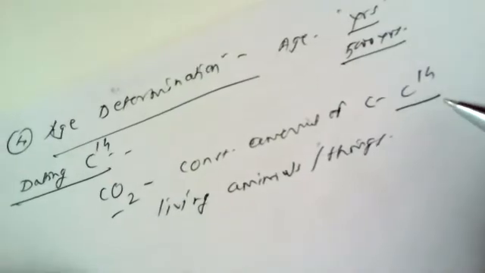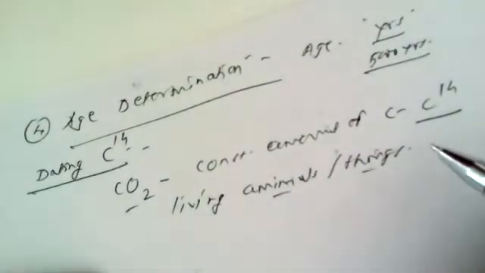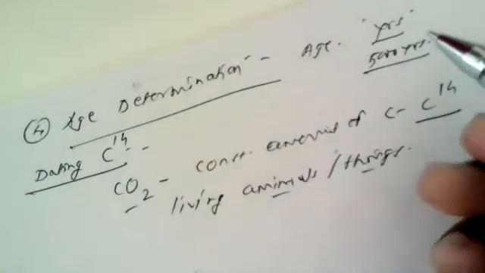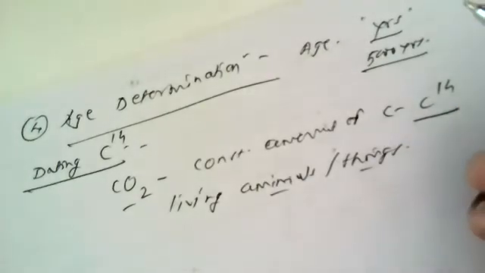Now suppose an animal or human body dies and is not found for, say, 1,000 years or so. How can we determine when the death took place?